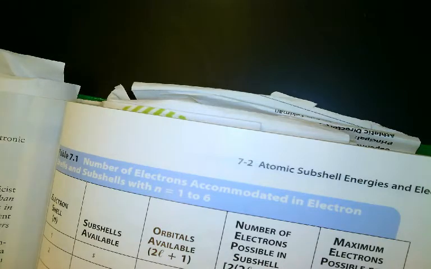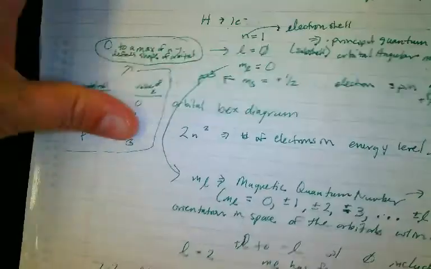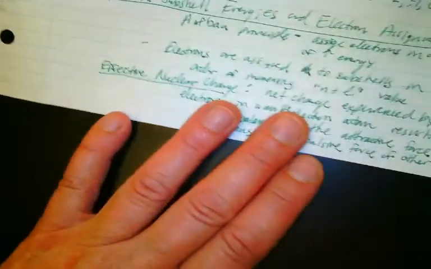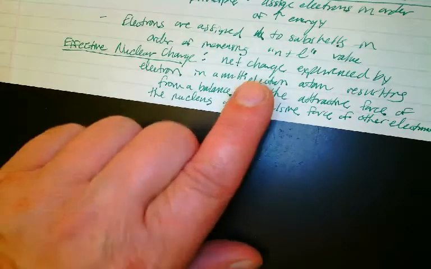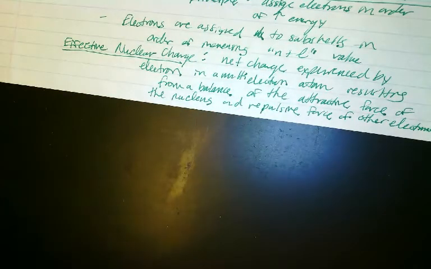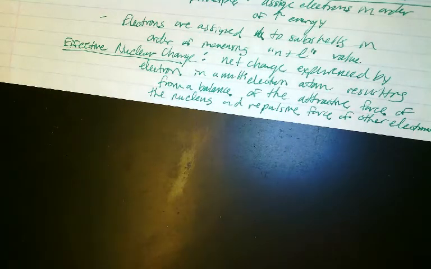Oh, before we look at our homework problems, there's one thing I need to say. Gotta make sure we get the definition for effective nuclear charge down. You probably already have it. I want to make sure you understand it. It's the net charge experienced by the electron in a multi-electron atom. So in an atom that has many electrons, you're just looking at one of them.